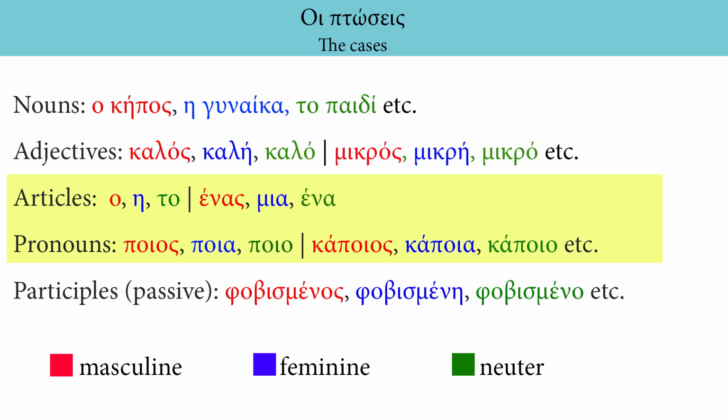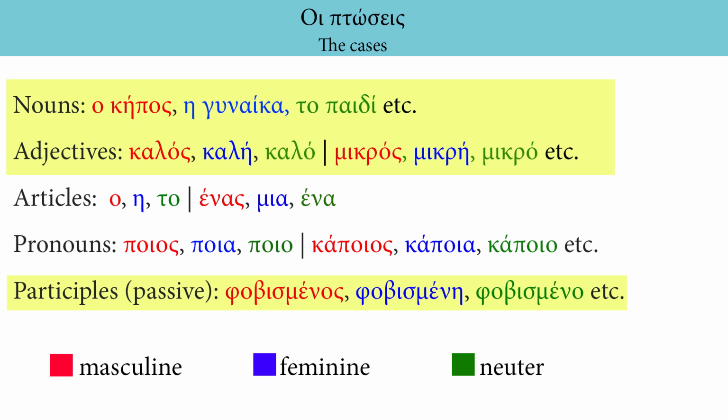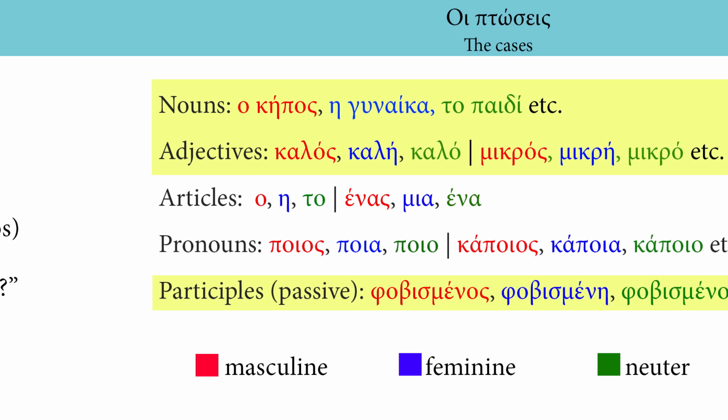They are limited in number, so you can learn them and get it over with them, but nouns, adjectives and participles are unlimited. There are so many of them, so in order to be easier to decline them, they are grouped according to their endings in the nominative case. So each group has its own endings in each case. We are not going to talk about that today. Today we're going to learn the use of each case, so it's more about syntax.